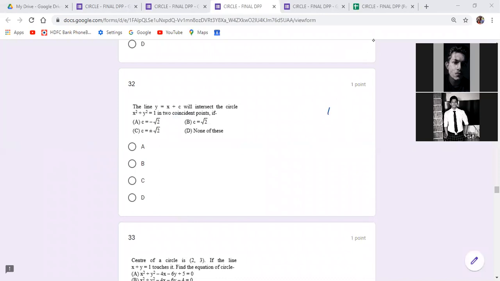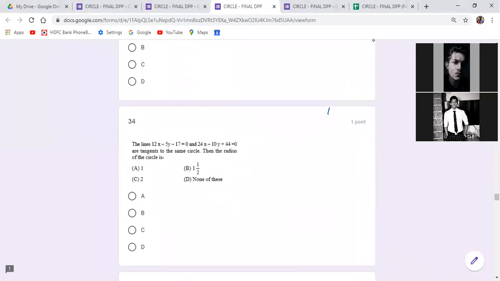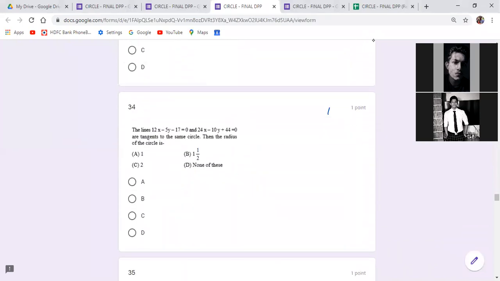After this, what is the next one? So the 34th one, not 33. This line and this line are tangent to the circle, find the radius. I asked you this question before also. It was asked with the straight line formula, the distance between parallel lines, C2 minus C1 upon root of A square plus B square.